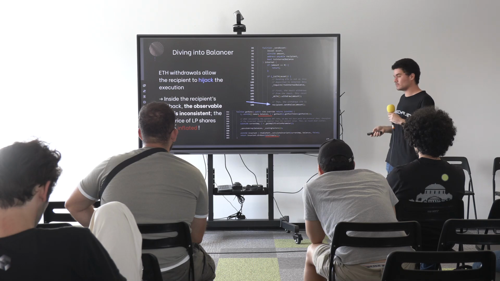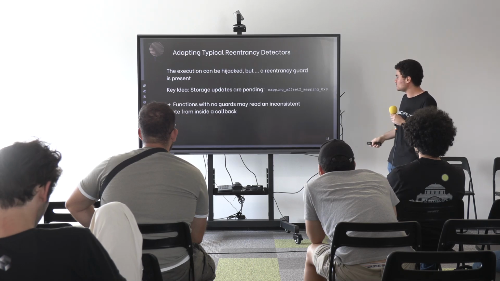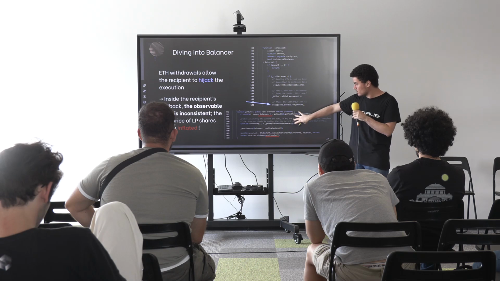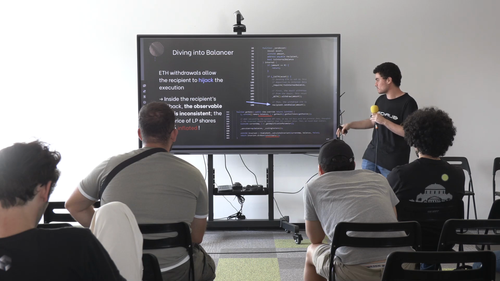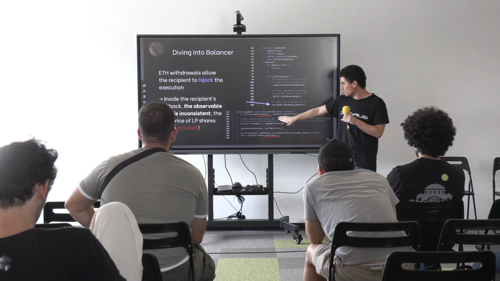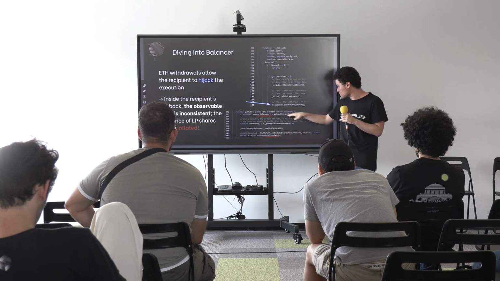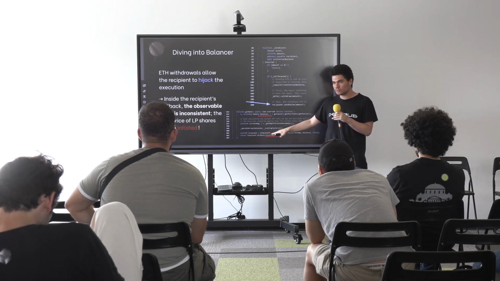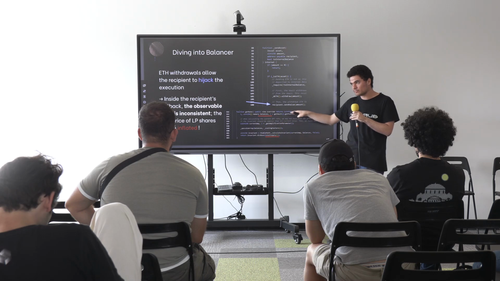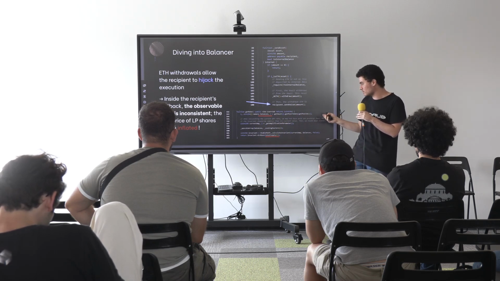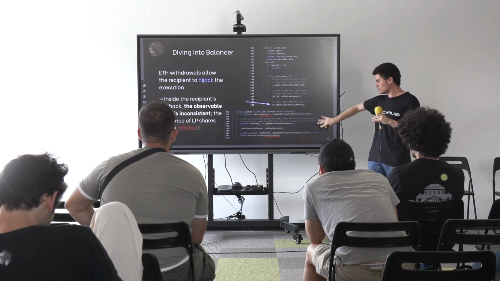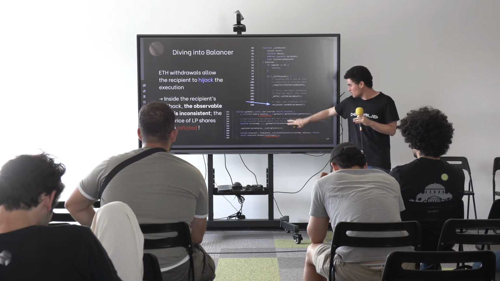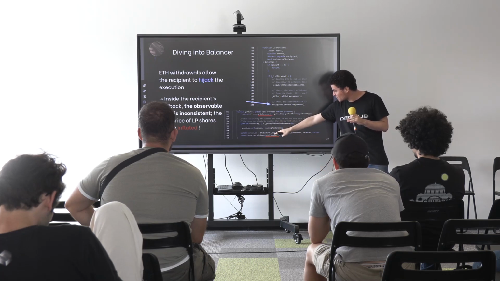read-only reentrancy, view-only reentrancy. And as you can see here, the code that actually gets the exchange rates for those LP tokens will get the balances of the pool and attempt to divide it after going through the amplification parameter and invariant of the stable swap implementation. You don't have to worry about those, but you can think of it as those being divided.